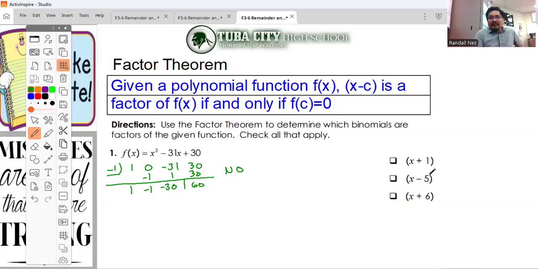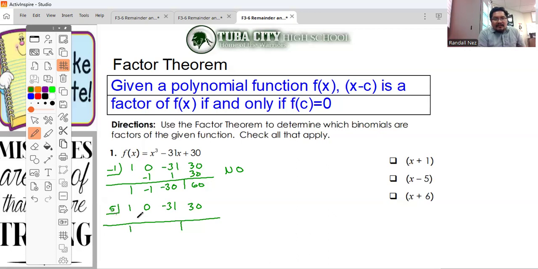I'm going to go ahead and put the 5 here. And remember, when you take it out, it's going to be opposite. So I'm going to put 5 here, and since it did not work, I'm going to put the original ones here like that. And then just divide.